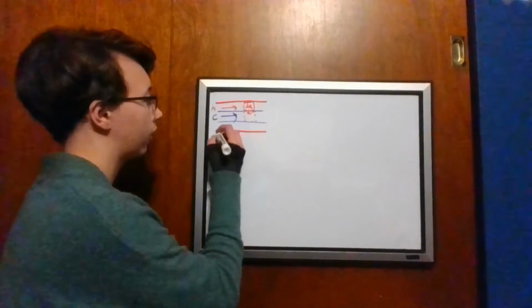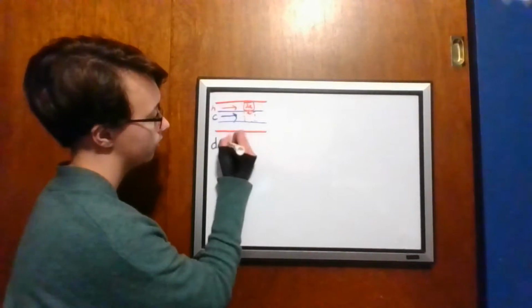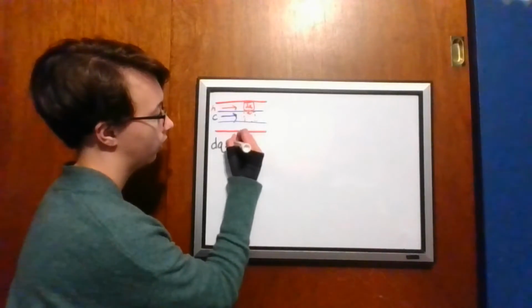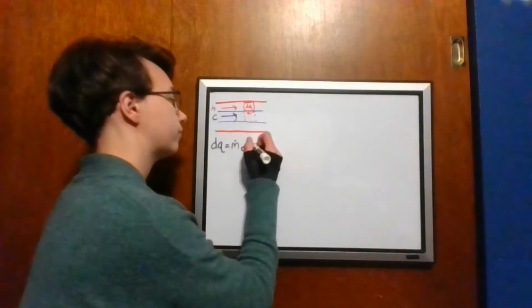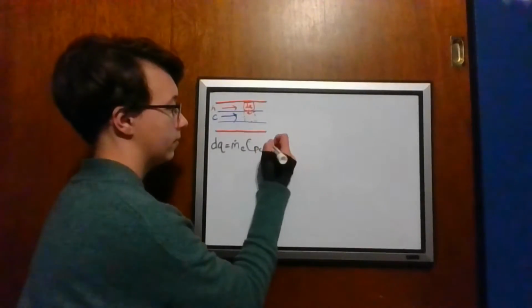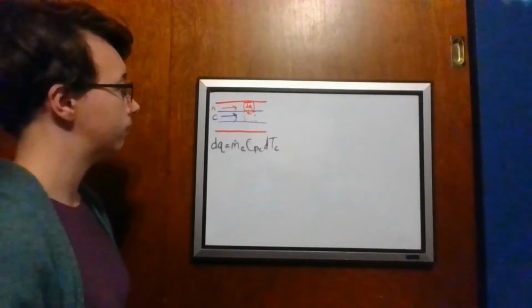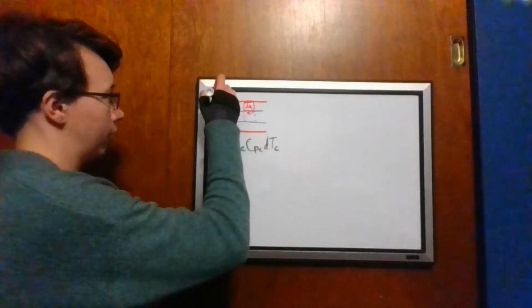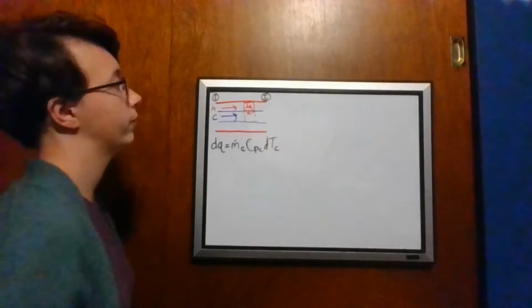So we know that our differential heat is going to be equal to the mass flow rate of the cold fluid times the heat capacity of the cold fluid times the differential temperature of the cold fluid. And I also forgot to mention up here on our diagram that we have a position 1 and a position 2.